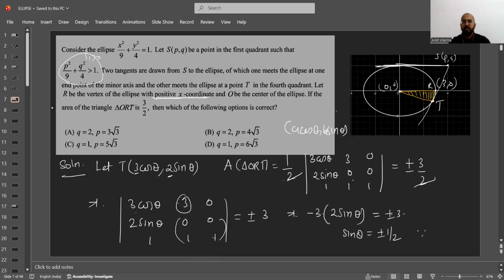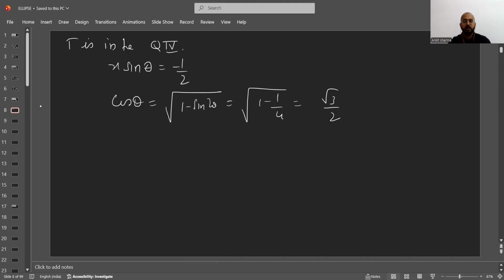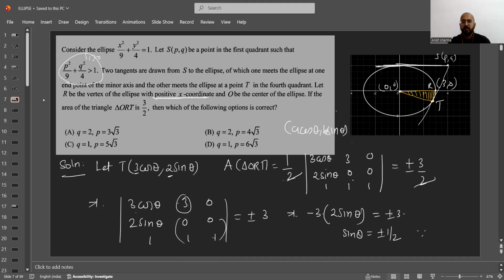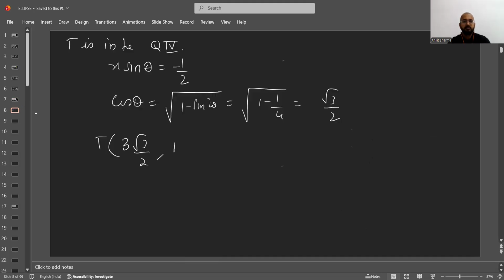That means now I have the point T. So point T is going to be 3 times cos theta, so that is 3 root 3 by 2, and then 2 sine theta, so minus 2 into 1 by 2 is minus 1. So I'm going to have here minus 1. This is my point T.